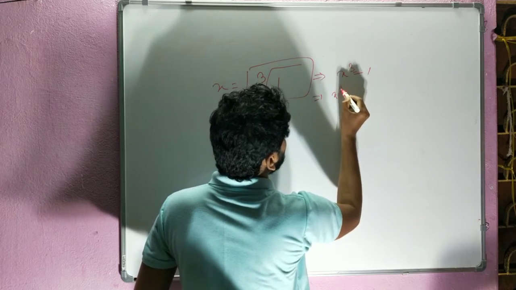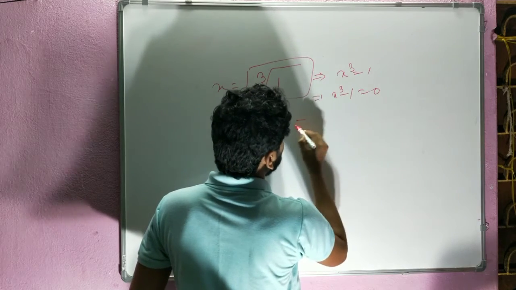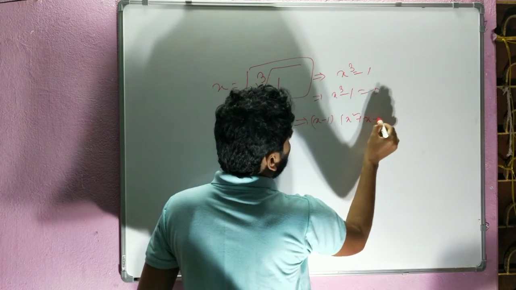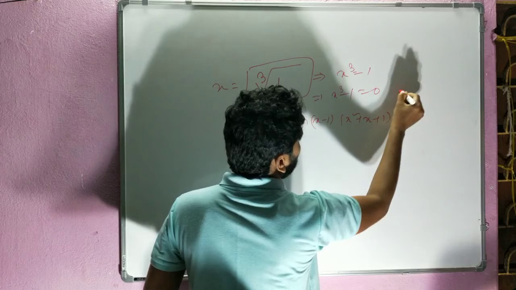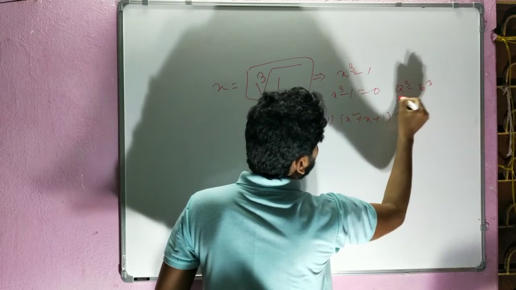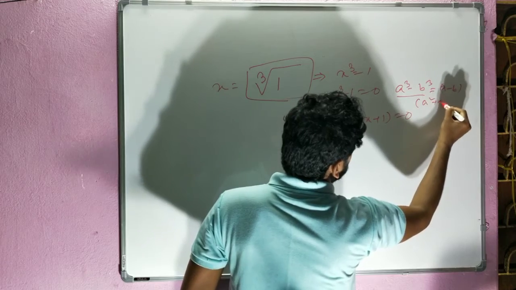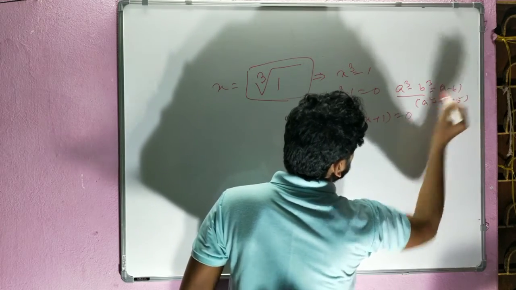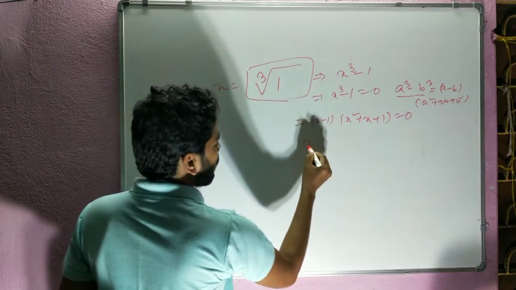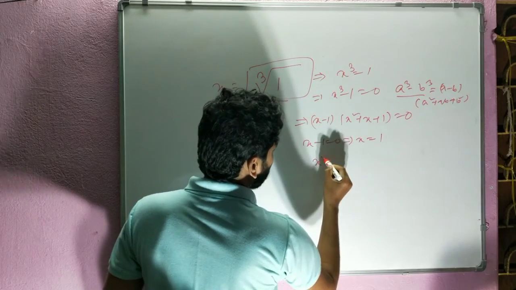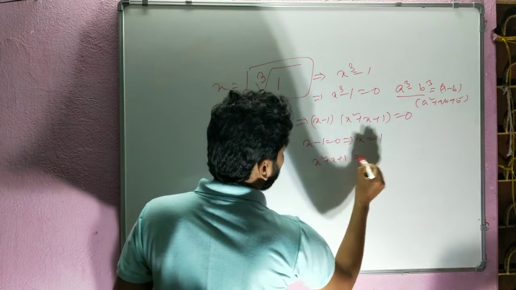That means x cube minus 1 equals 0, which equals (x minus 1)(x square plus x plus 1) equals 0, using the formula a cube minus b cube equals (a minus b)(a square plus ab plus b square). So x minus 1 equals 0, which implies x equals 1. And x square plus x plus 1 equals 0.